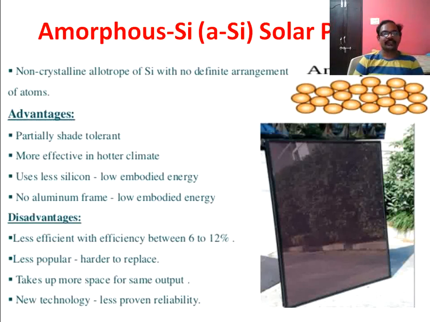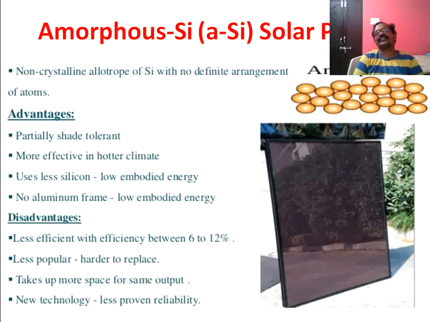As I already told you, say the efficiency of this solar panel is 6%, whereas the efficiency of a monocrystalline solar panel is 24%, which means one panel of monocrystalline solar cell can produce the same amount of electricity as 4 panels of amorphous solar panels.